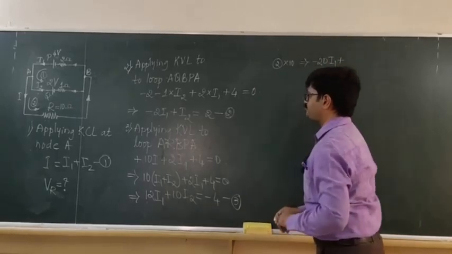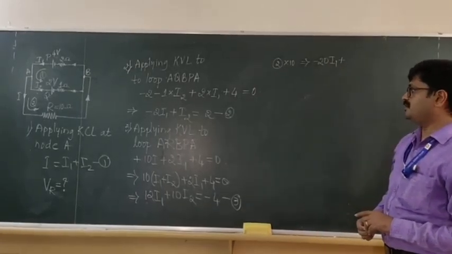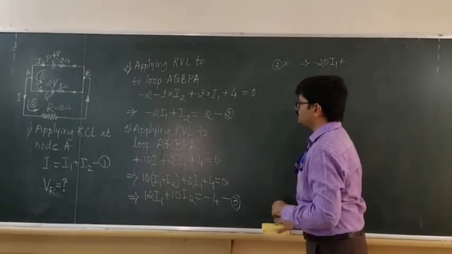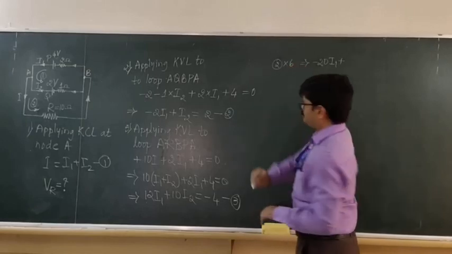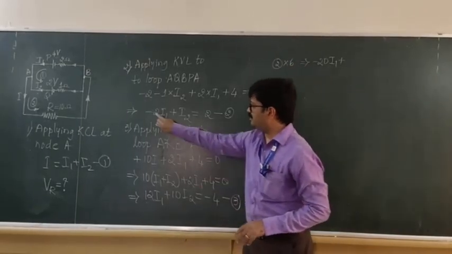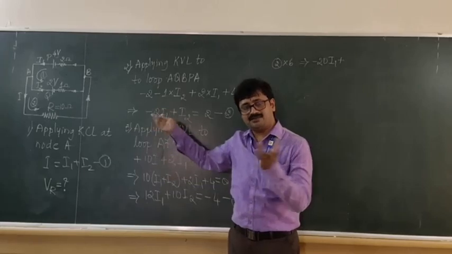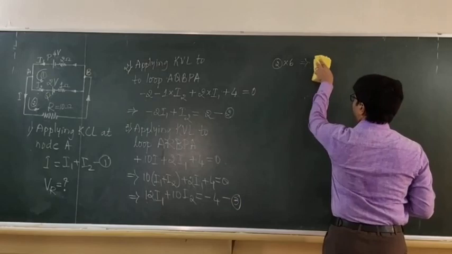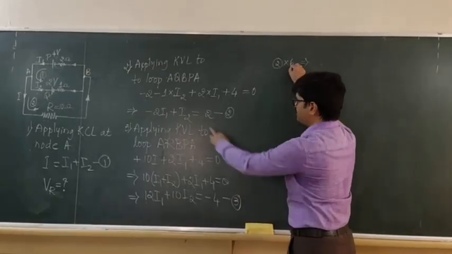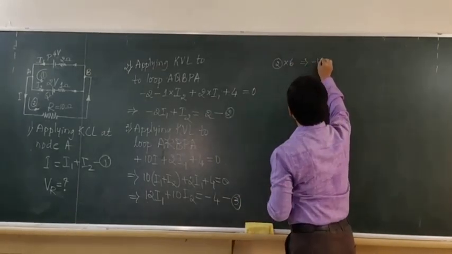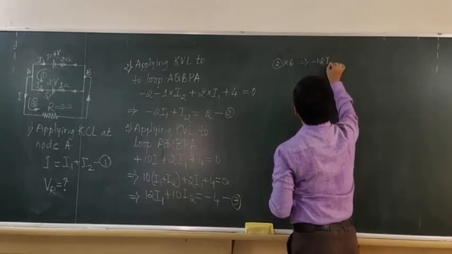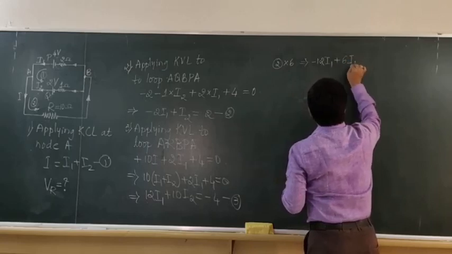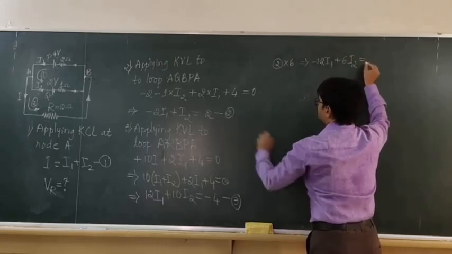Best thing, because here we already have a minus sign, we need not subtract, we can readily cancel it off. So I will write equation 2 multiplied by 6, that gives us minus 12I1 plus 6I2 is equal to 6 2s are 12.